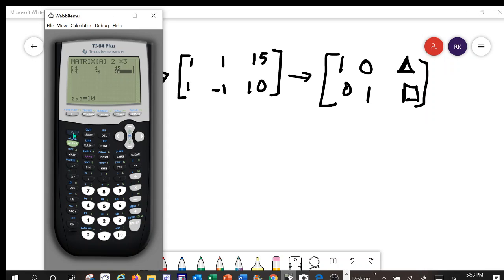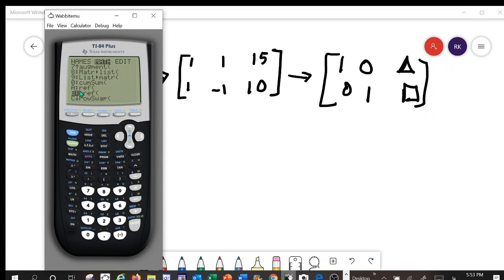Now, once we have the matrix in there, if you go to matrices, don't go to edit, just the first one. Pick the first one, fetch it, put it on home screen and press enter, and you see what's in it, right? So what we're going to do is this. We can go to matrix again and go to math and go down and find something called RREF.